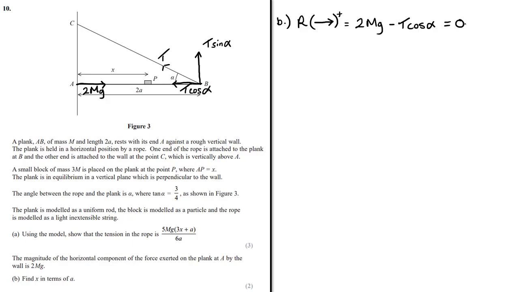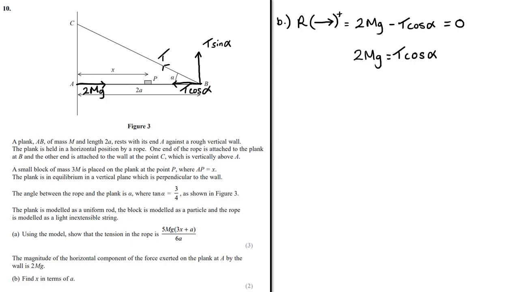So we're getting there now. All I'm going to do is substitute what we know. So we got T cosine alpha before, so we did need it, that was quite handy. What I'm going to do first is say 2mg is equal to T cosine alpha. And from here, like I said, we know what cosine alpha is.